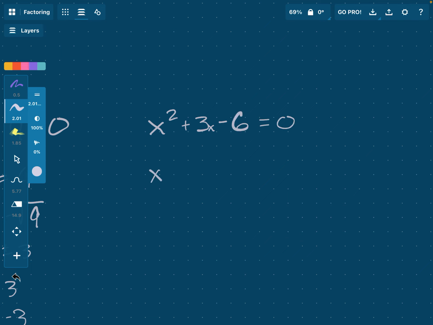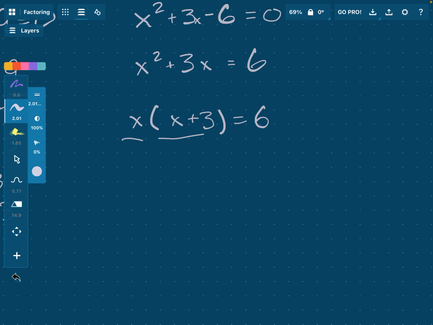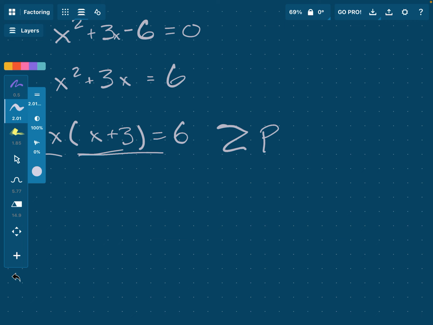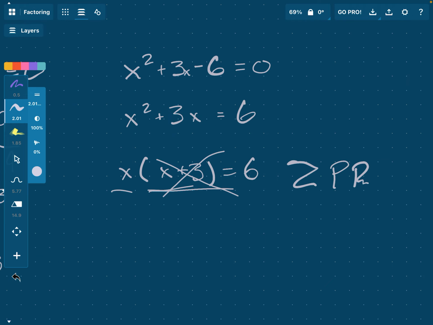What I wanted to do, when I was learning this, is move things over like this, factor, and then set both of these equal to 6. But since we don't have the zero product rule here, we can't do that. That's pretty much it for that problem.